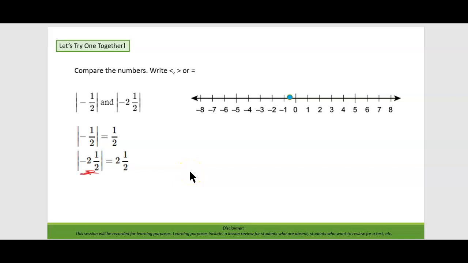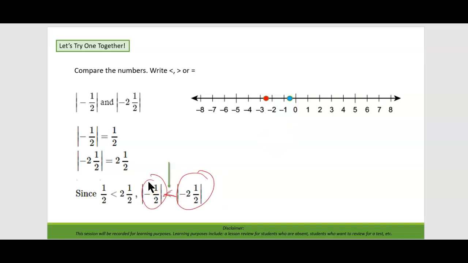You're just going 2.5 miles this way, from 0 to here. Who went farther? The person who went from 0 to negative half, or the person who went from 0 to negative 2.5? Obviously, 2.5 is greater than half. That's really what you do, you just change these to positive. Put your frown upside down.